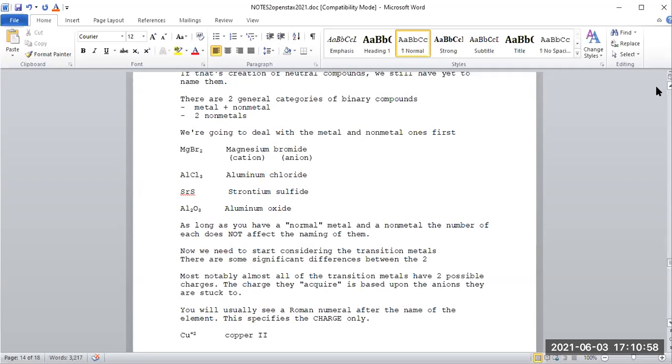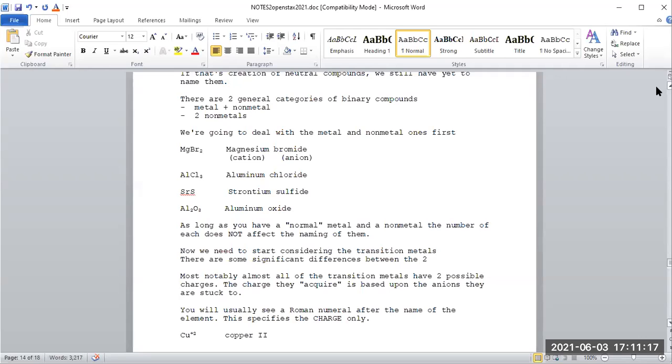AlCl3. Yeah, you've got 1 aluminum and 3 chlorines, but we must call it aluminum chloride. No 3s, no tris, no additional suffixes or middle words, just aluminum chloride.